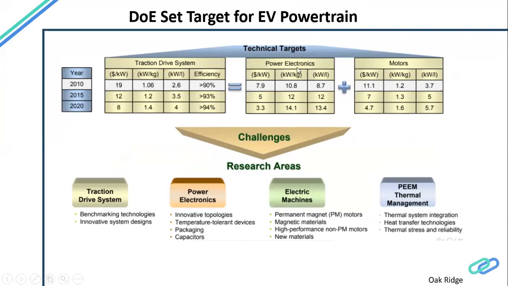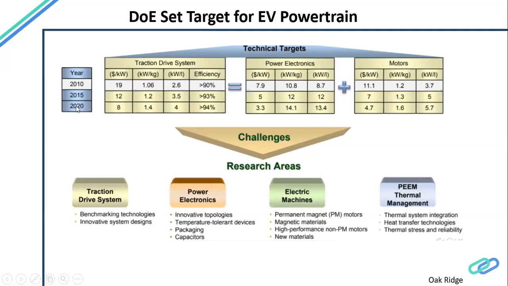This is the power electronics, mainly the inverter, and this is the motor. These are the key driving elements at a very high level: dollar per kilowatt, the densities, volumetric density in kilowatt per liter, and efficiency. The DOE sets these targets and we see how we move towards them.